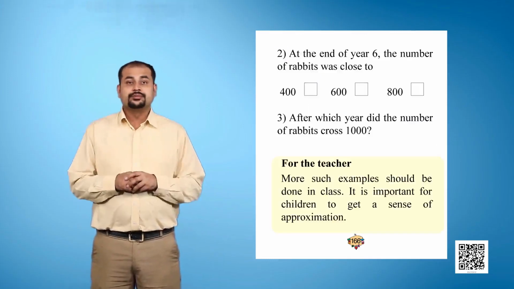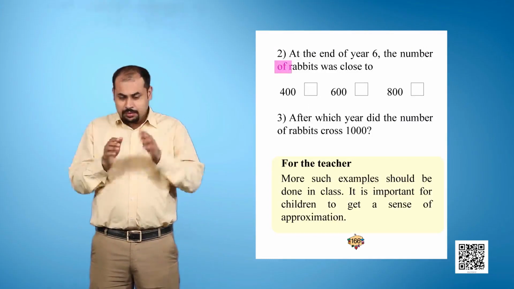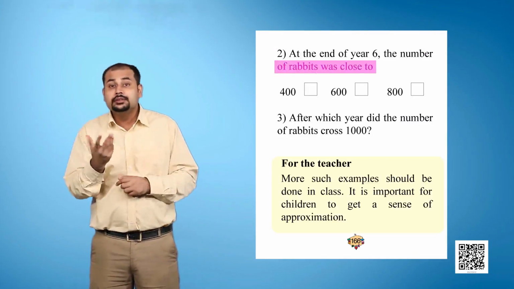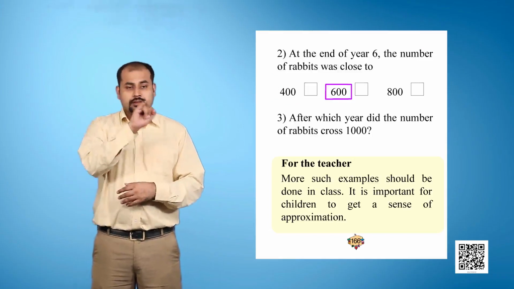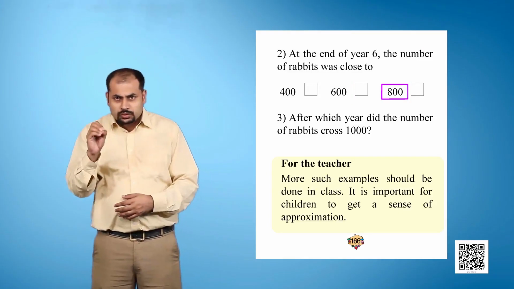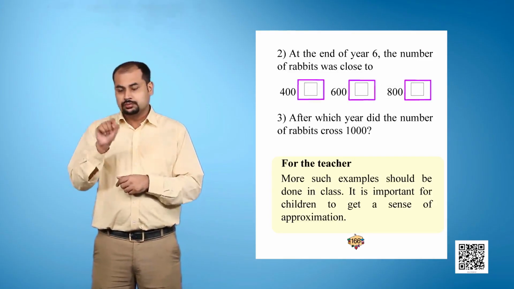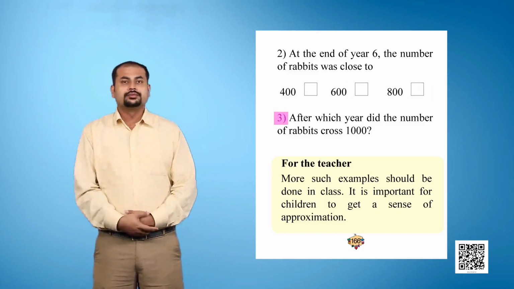2. At the end of year 6, the number of rabbits was close to 400, 600, or 800. Tick the correct one. 3.